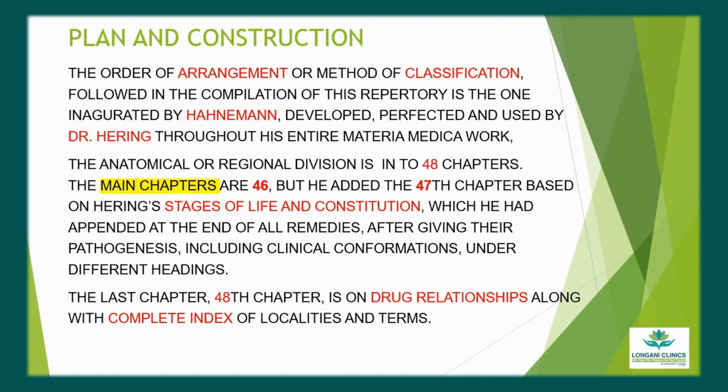But he added 47 chapters based on Hering's stages of life and constitution, which he had appended at the end of all remedies, after giving their pathogenesis, including clinical confirmations under different headings. The last chapter, 48th chapter, is on drug relationship along with complete index of localities and terms.